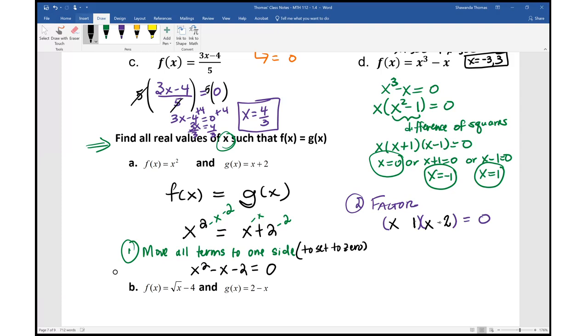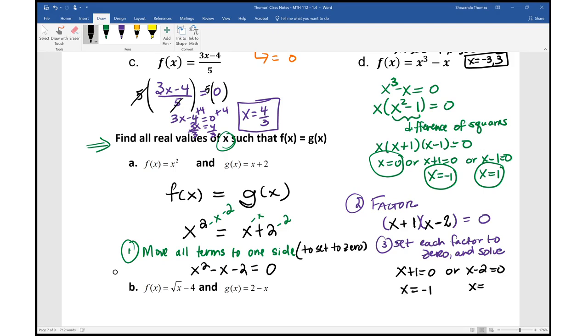So 2 would have to be negative and 1 would have to be positive for that to happen. Next step would be to set each factor to 0 and solve. So we have x plus 1 equals 0 or x minus 2 equals 0. So x equals negative 1 and x equals 2.